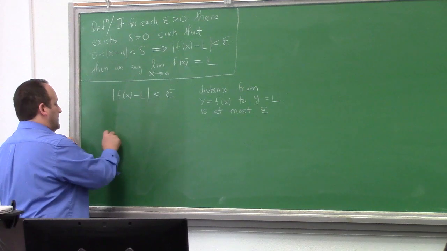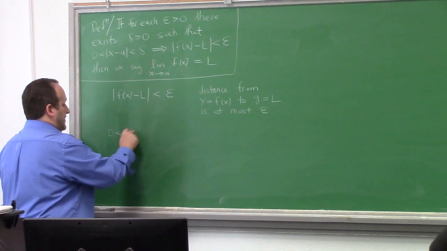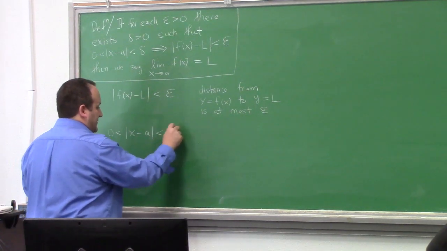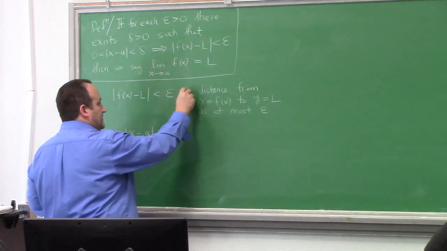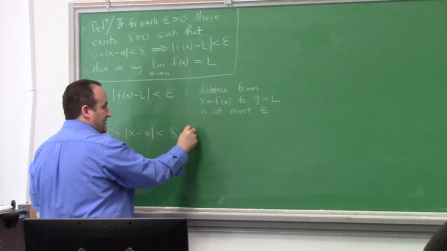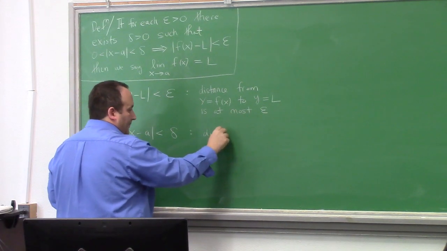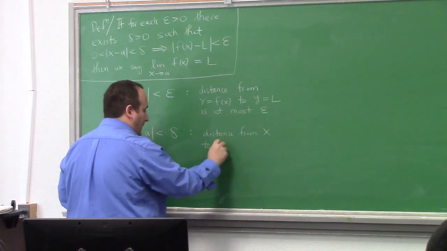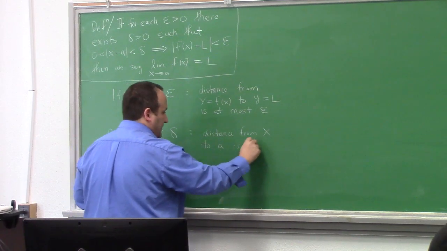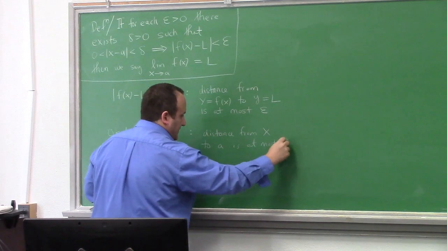And how about this other statement? 0 less than absolute value of x minus a less than delta. What does that tell you about the distance? That's also a distance statement. It says the distance from x to a is at most delta.